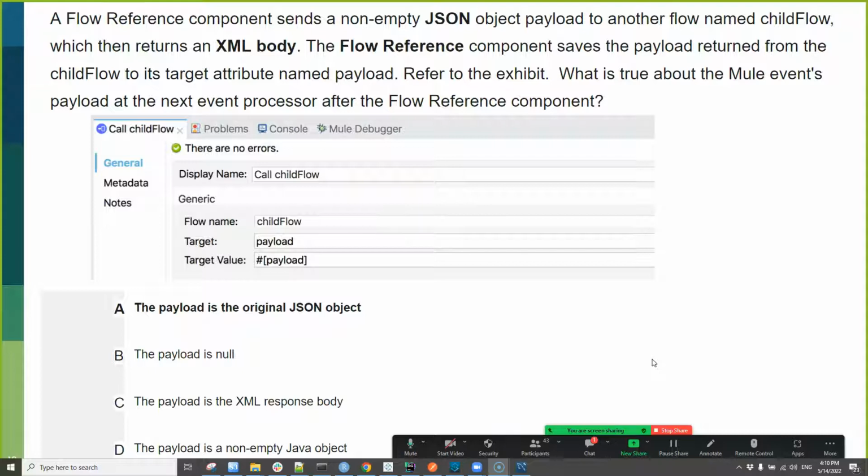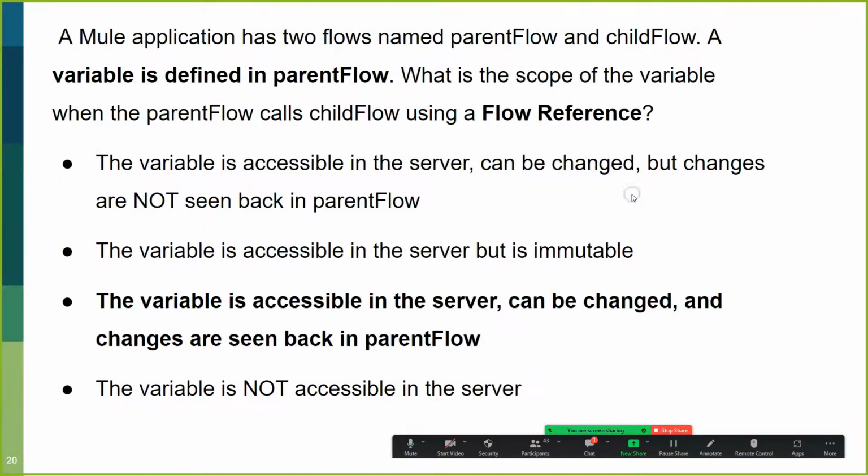And in the main flow, later to access the payload from the child flow, we will use vars dot whatever name we give it. So the payload after the flow reference will be the original JSON object, because it doesn't get overwritten by the payload coming from the child flow, since it is being saved as a variable. We saw this last week. Now let's go to the next question.